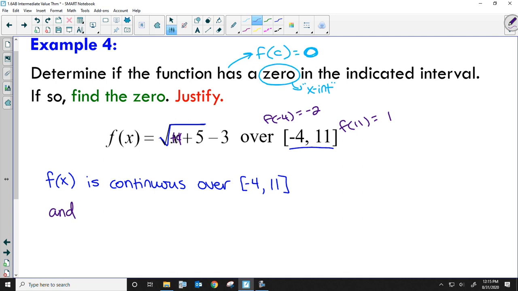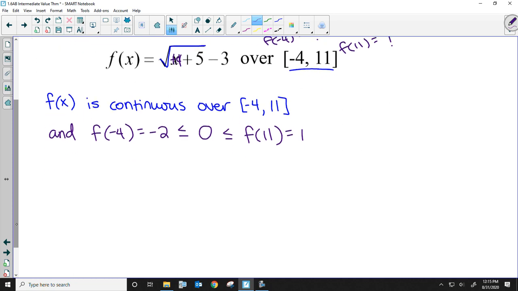And 0 is my output, that's my n that goes in the definition. Is 0 in between -2 and 1? Yes. So now I'm going to state that inequality. So f of -4, which is -2, is less than or equal to 0, which is less than or equal to f of 11, which is 1. Okay, there's my 2 conditions.